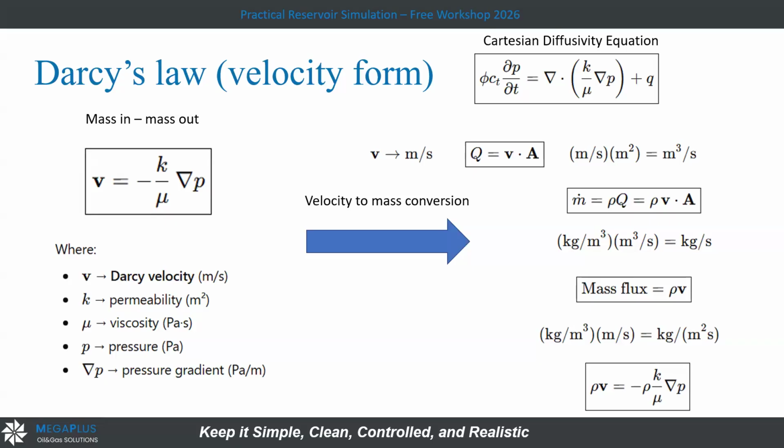If we say that the rate equals the velocity multiplied by the area, then the mass rate will be the volumetric rate multiplied by rho. That's why I'm telling you that we are dealing with mass, not volume. The difference between mass and volume is density. So we have the density multiplied by velocity multiplied by the area.